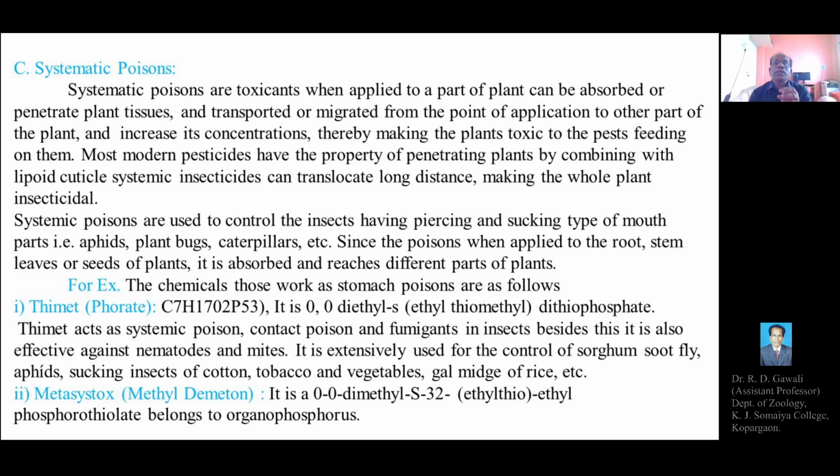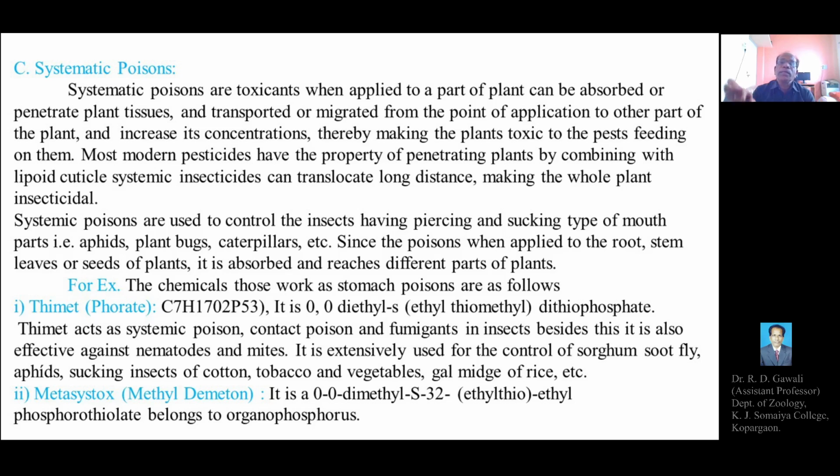Whenever the pests which have piercing and sucking type of mouth parts, or which are usually sap suckers, feed on the plant juice or cell sap with the help of piercing and sucking mouth parts, ultimately these systematic poisons get entry into the body or digestive tract of the insect pest, such as aphids, plant bugs, or caterpillars.